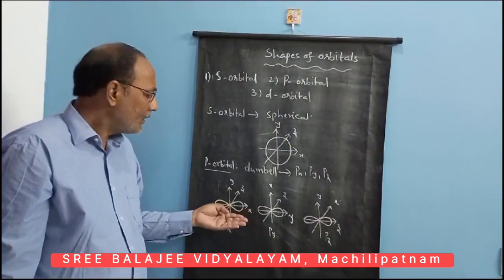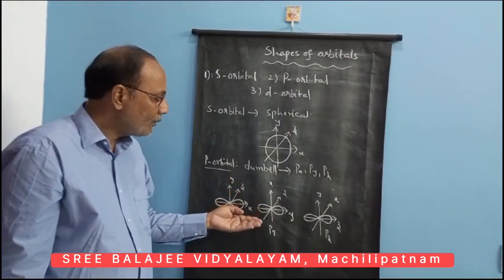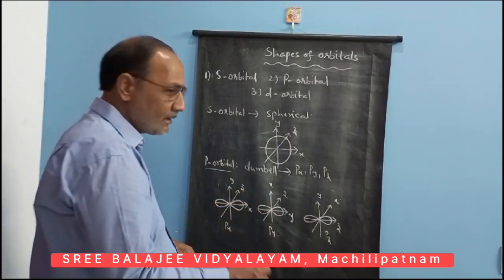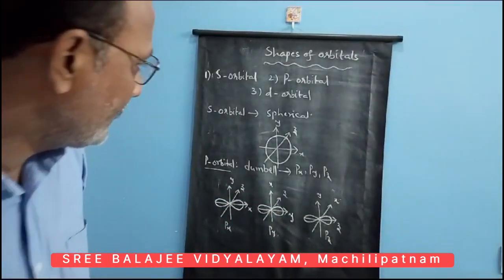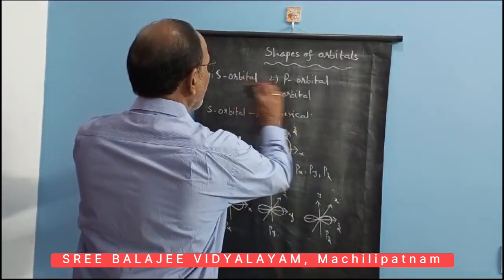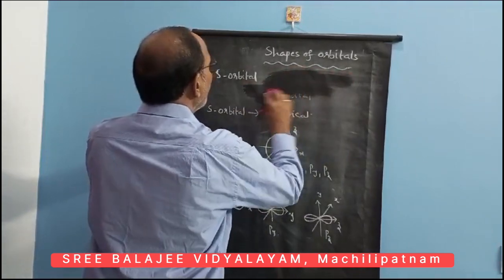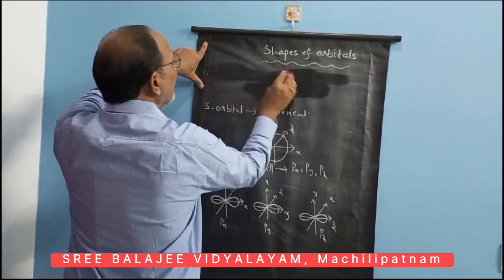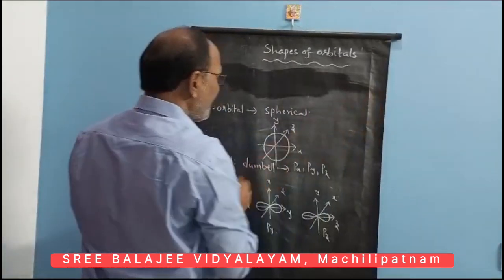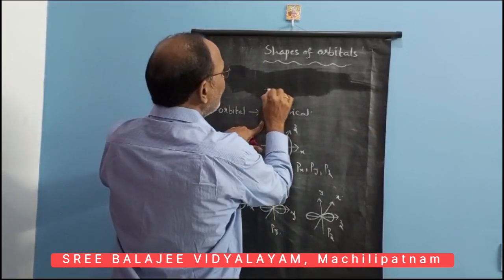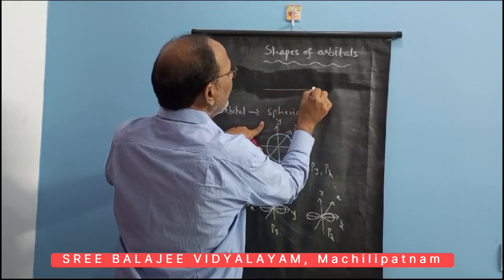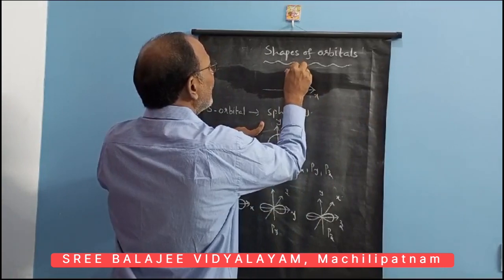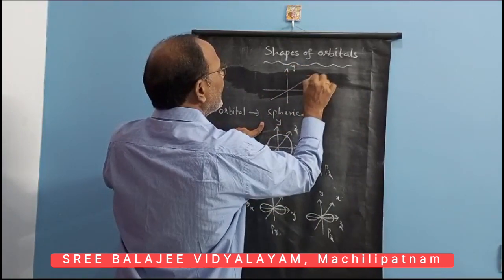The diagram for the p orbitals you may draw in another variety also. This time I want to take the three axes at a time: here is the x axis, this is y, and here is the z axis.